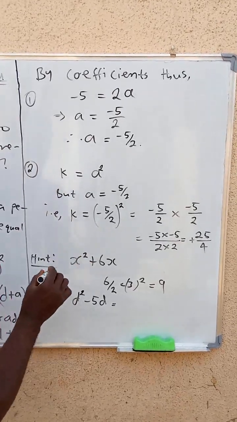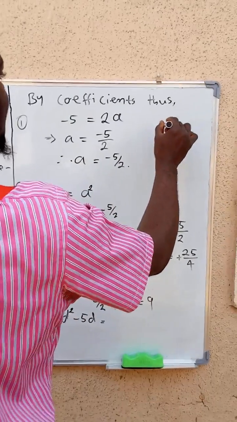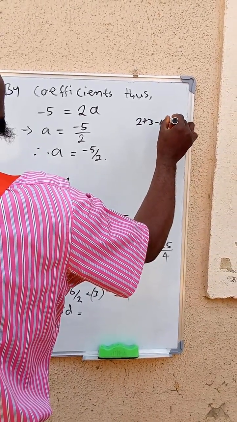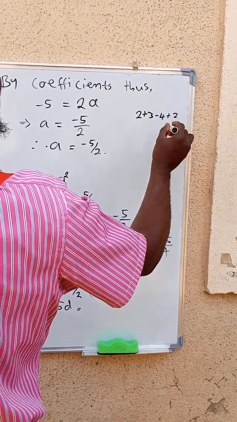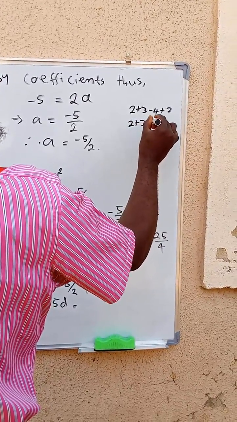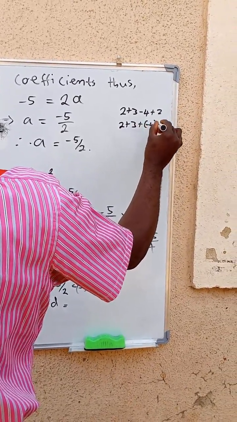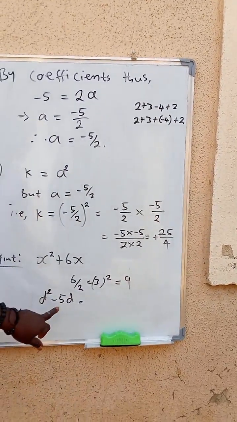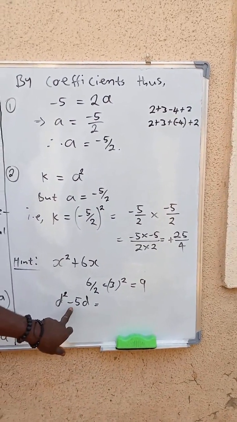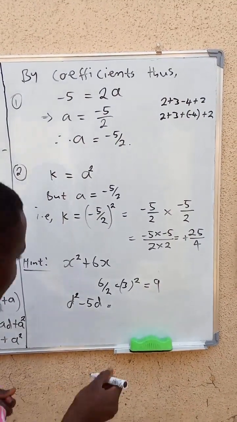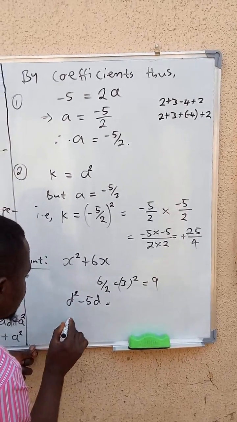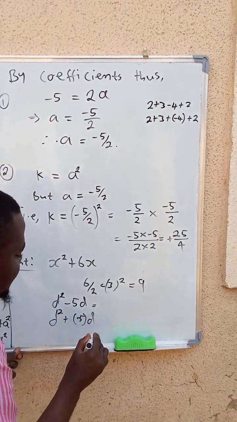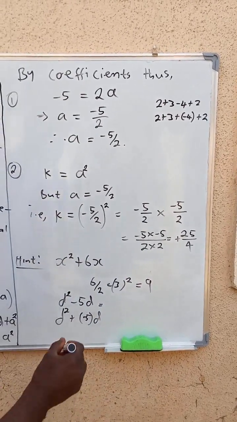Remember, if you are writing something like 2 plus 3 minus 4 plus 2, this is the same thing as 2 plus 3 plus minus 4 plus 2. The one at the front is the one that is carrying the sign. So in minus 5d, the coefficient is minus 5. It's the same thing as writing d squared plus minus 5d.